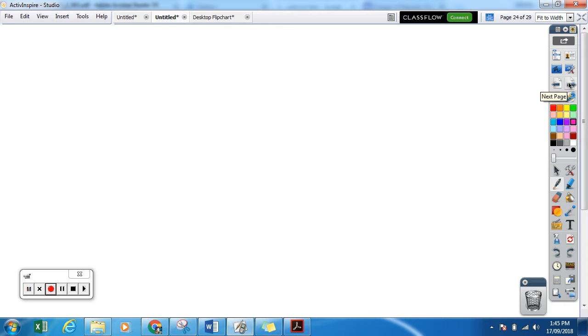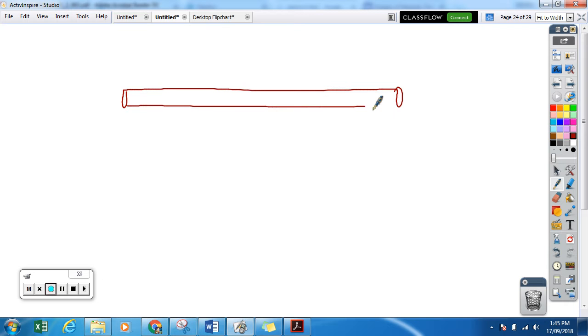Right, in the last lesson we had a look at the magnetic field around a conductor. So here is our very thin, straight conductor, and the current is moving in this direction. Let's make it go that way. As a result, there is a circular magnetic field around this conductor.